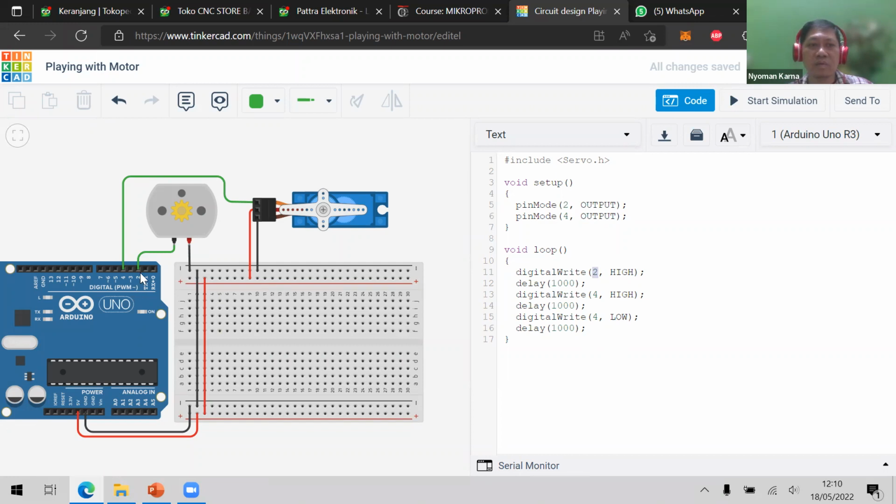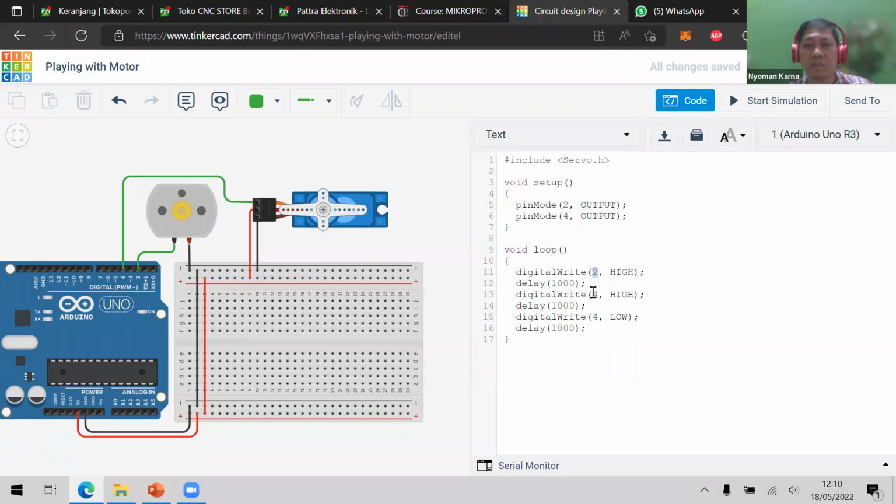So pin number 2 will be high voltage. That will make the DC motor turn on. It will also rotate.